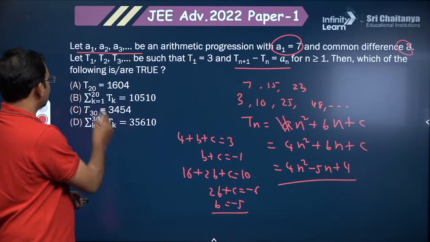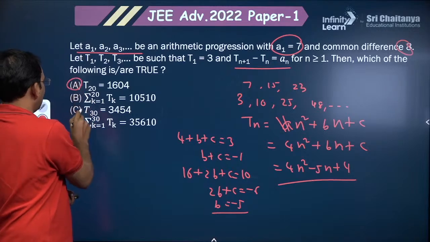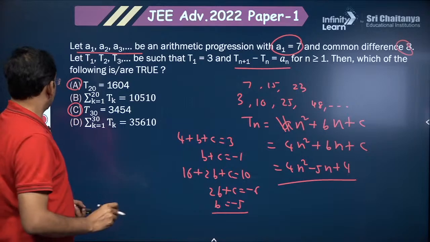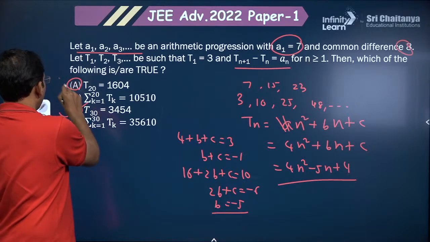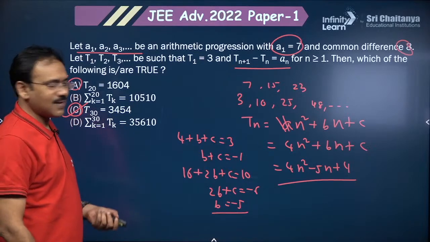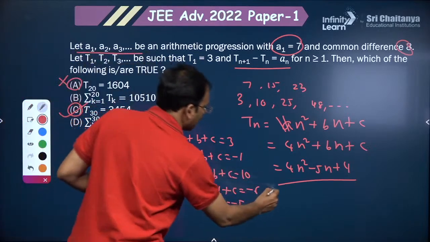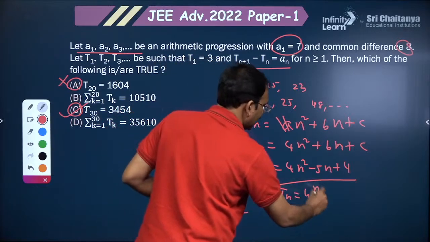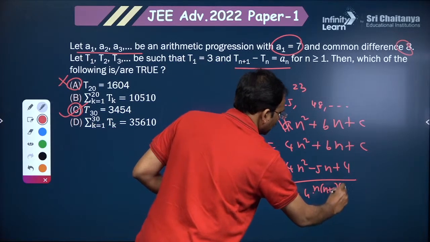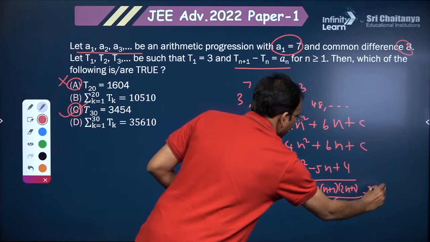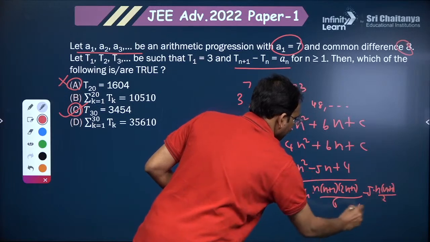Now, my dear friends, just find T20 and T30 and check. You are going to get C correct, A wrong. Then apply sigma: sigma Tn is 4 into sigma n square, which is n into n plus 1 into 2n plus 1 by 6, minus 5 into n into n plus 1 by 2, plus 4n.